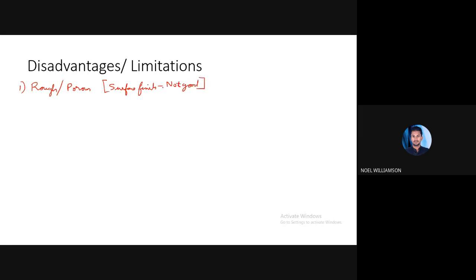So this is the first limitation. It is having a rough or porous surface, which means it will have a bad surface finish.